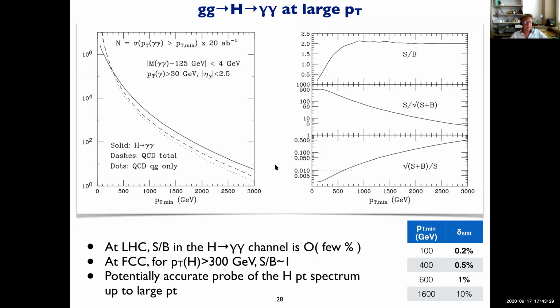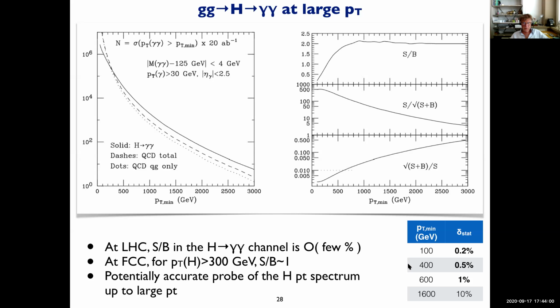And this slide is just one example. This is the rate of Higgs going to gamma gamma as a function of the minimum PT of the Higgs. These are number of events. So above, say, 200 GeV, we are talking about almost several hundred thousands of events. The solid line is the signal, while the dashed lines and the dotted lines correspond to the QCD backgrounds.